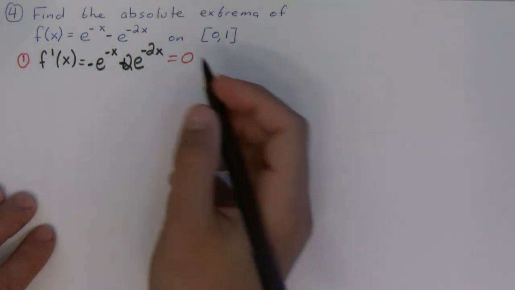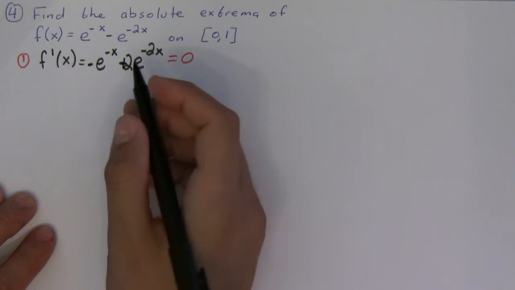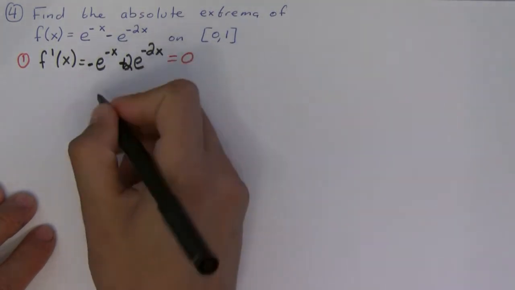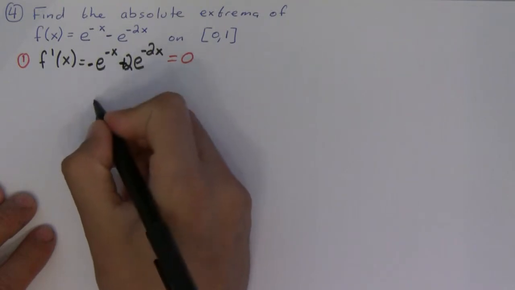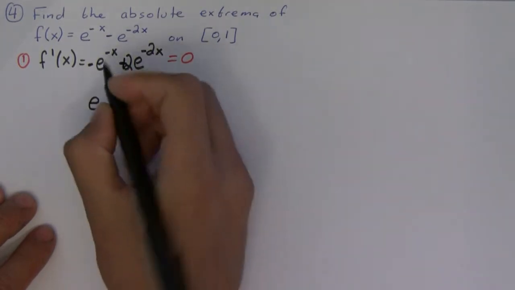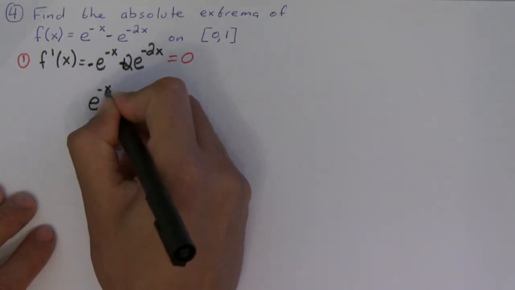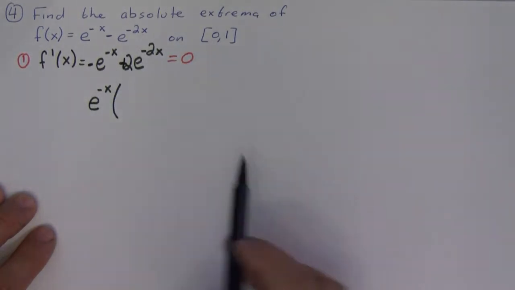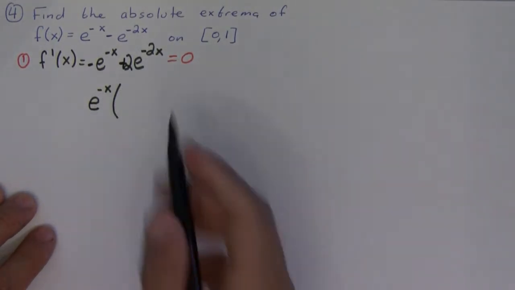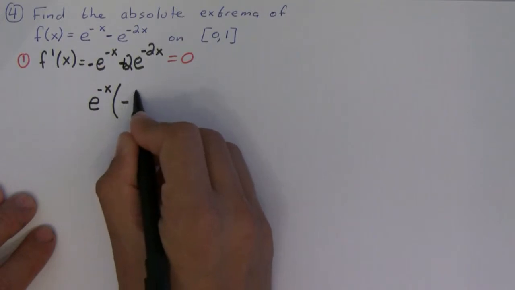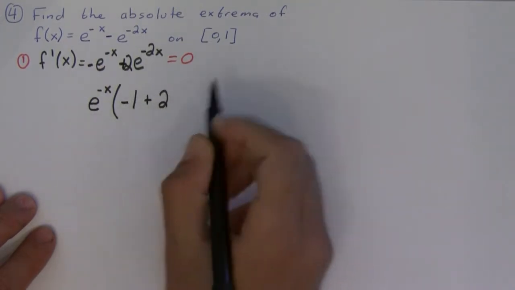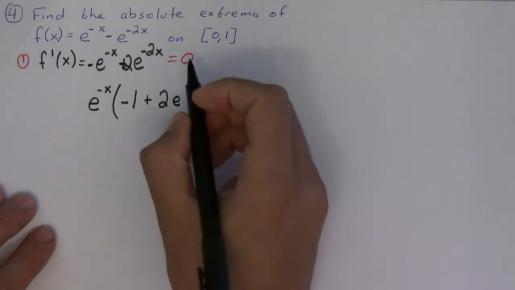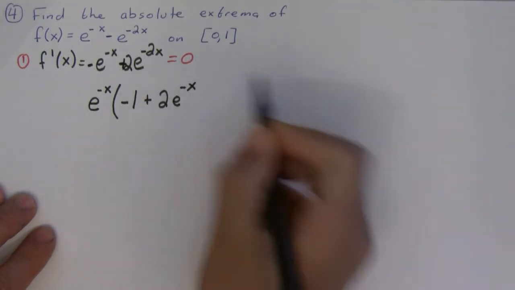And so to solve this, well, probably the best thing for us to do is to factor out an e to the -x. And if we do that, what we're going to have is a -1 and then plus 2 times e to the -x.